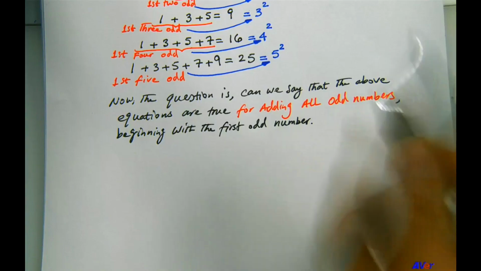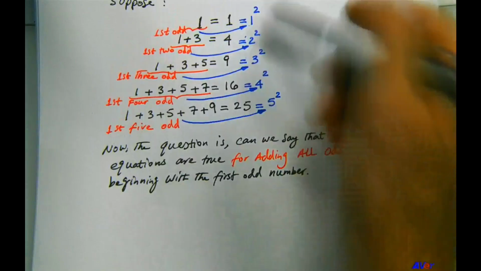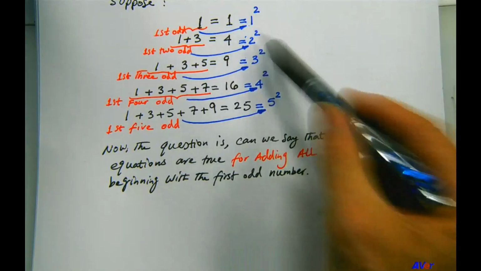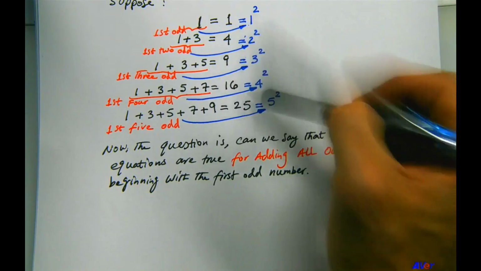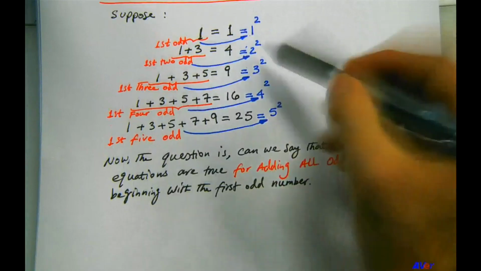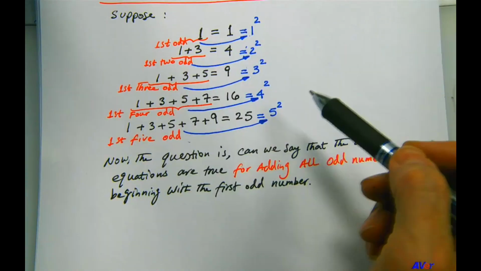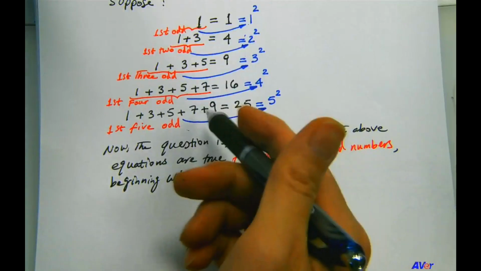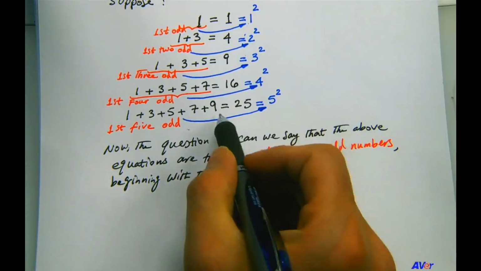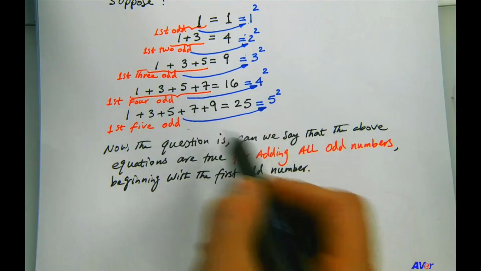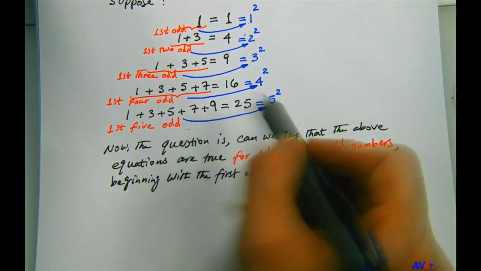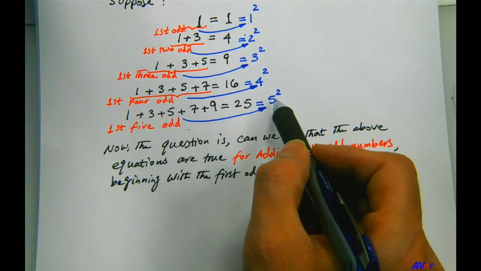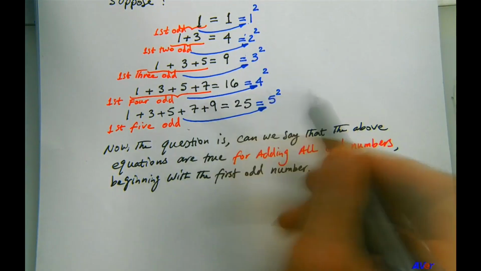Right, so giving a few examples that fulfill some kind of a pattern is one thing. That's undisputable. What we have shown here cannot be disputed. It's clear. But that's one thing. Then if we say that's true for all odd numbers. So if we add the first 20 odd numbers, that is equal to 20 squared. Maybe we can show that.